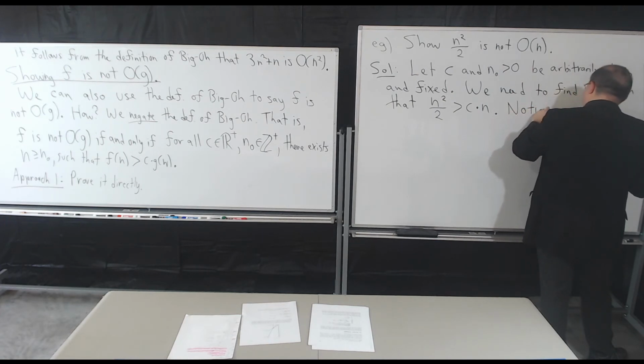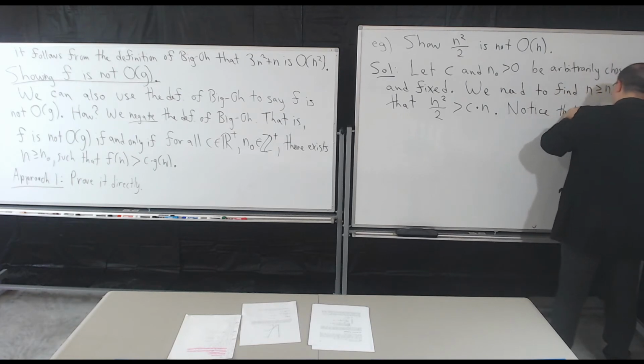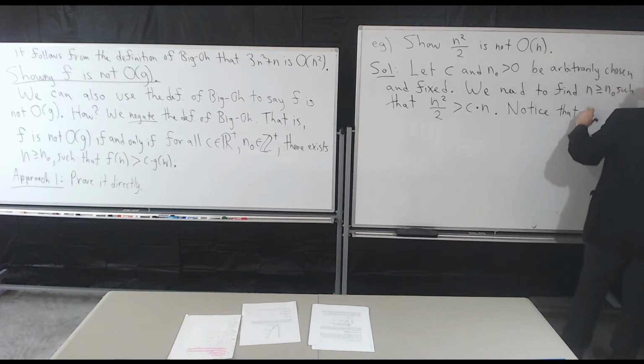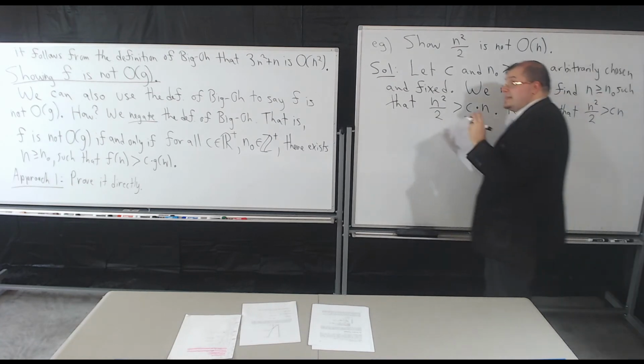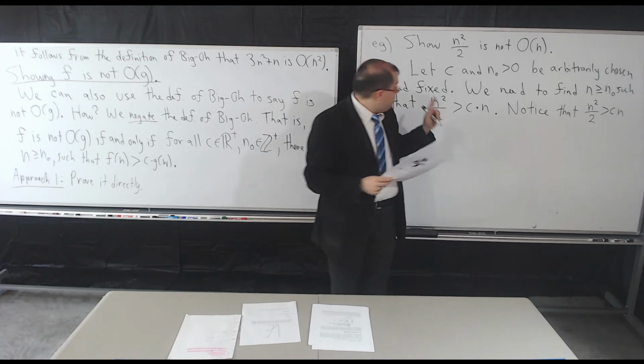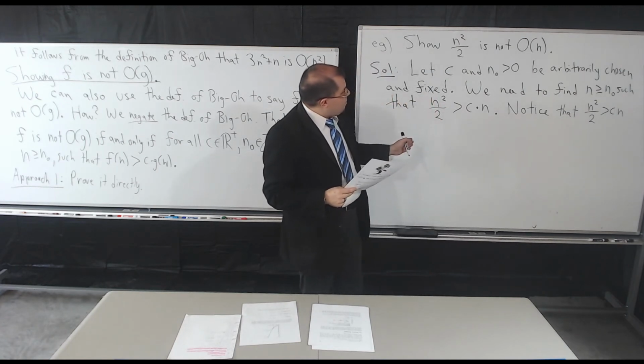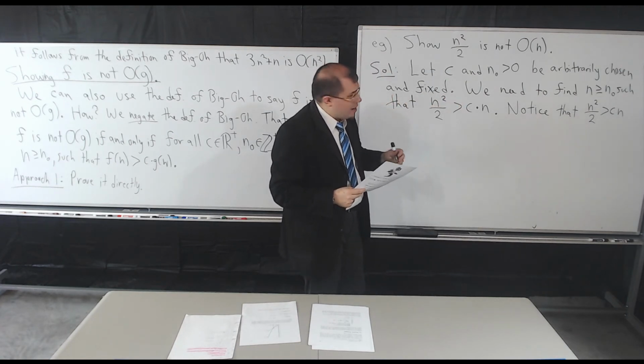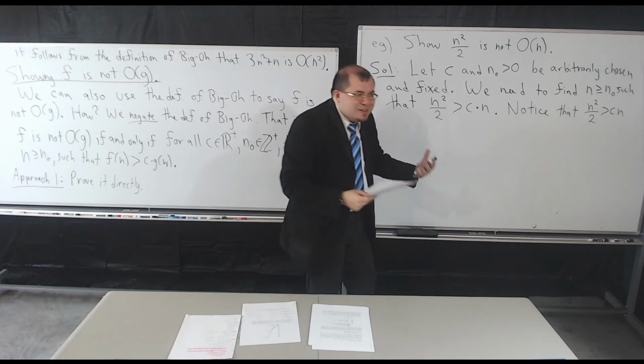Notice, this is me doing a little bit of massaging to the statement. Notice that n squared over 2 is greater than cn. Remember, I'm not saying that the inequality is true. I'm saying I give you this statement, and now I want to do some massaging to it so I can reveal something about it.